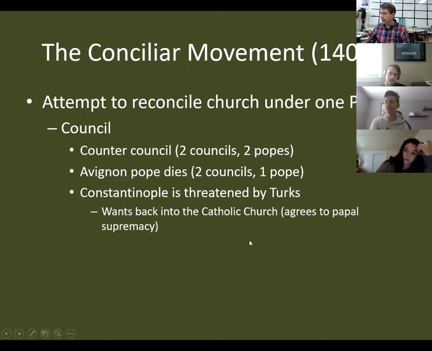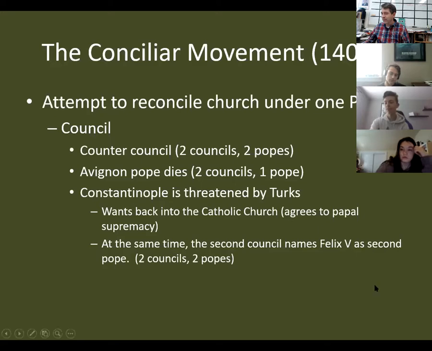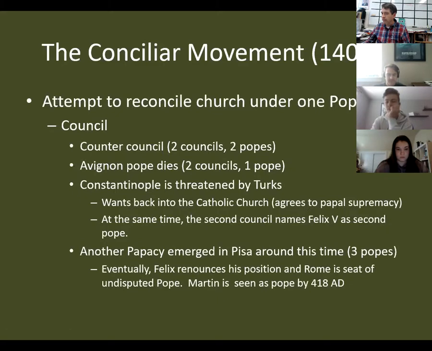And so ultimately, the Western Church basically does nothing. And then, of course, we end up with two councils and two popes. And this is not solved. And the Eastern Church is about ready to crumble under the assault of the Muslims. Don't worry about it, guys, because why have only two popes when you could have three? That's exactly what the people in Pisa were thinking.